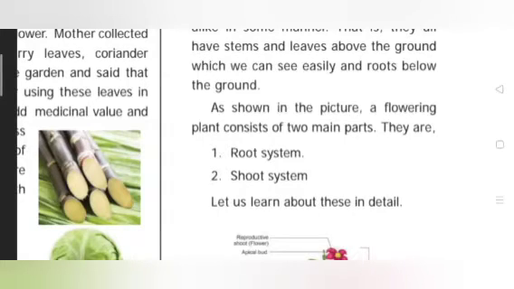They are the root system and the shoot system. How many main parts does the flowering plant consist of? Two parts. The first one is the root system and the other one is the shoot system. So let us learn about these in detail.